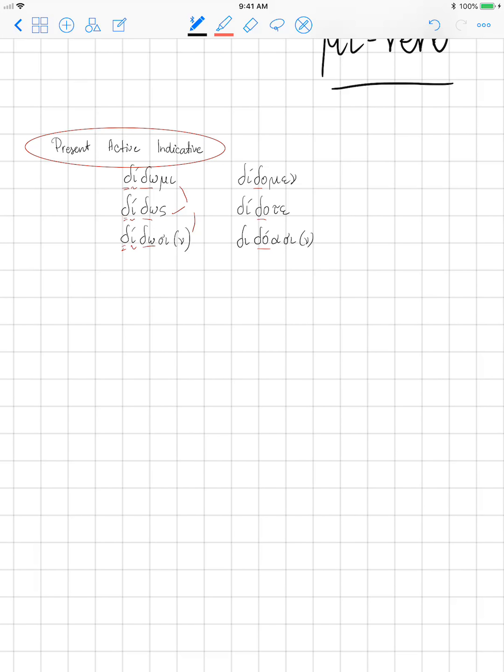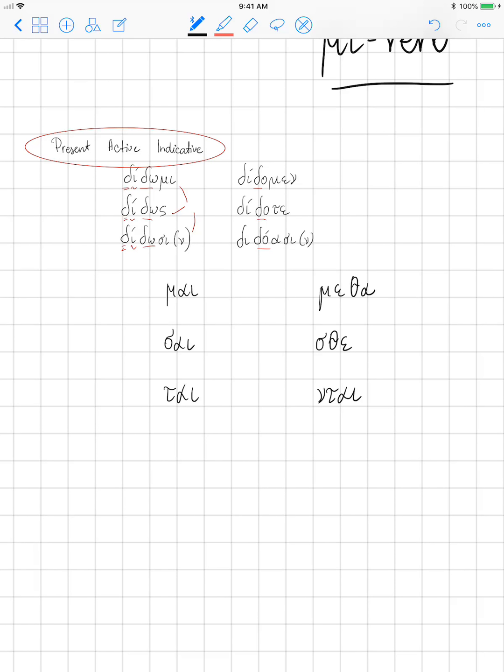First of all, it's passive endings. What are the passive endings? I guess you want to know. Mai, sai, tai for singular, and metha, sthe, and ntai. So in this case, it's not different. It's just what we're used to.